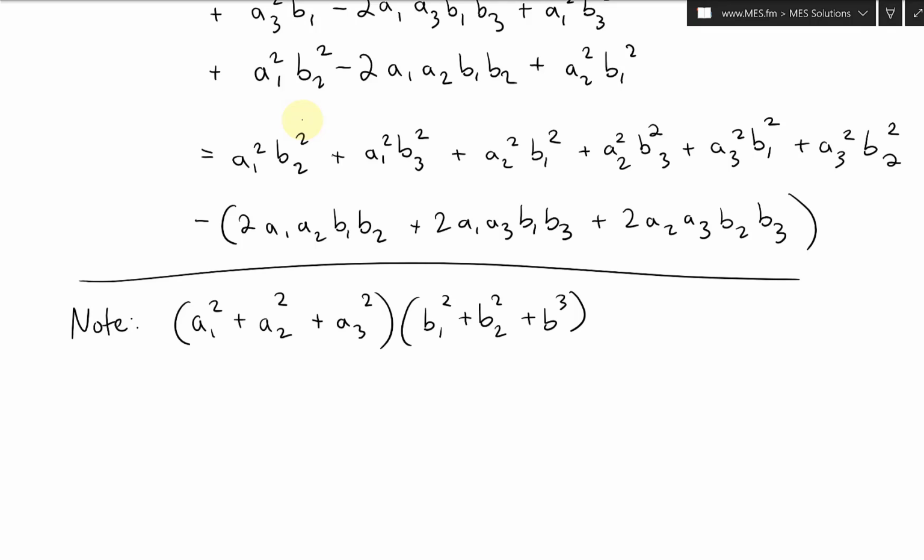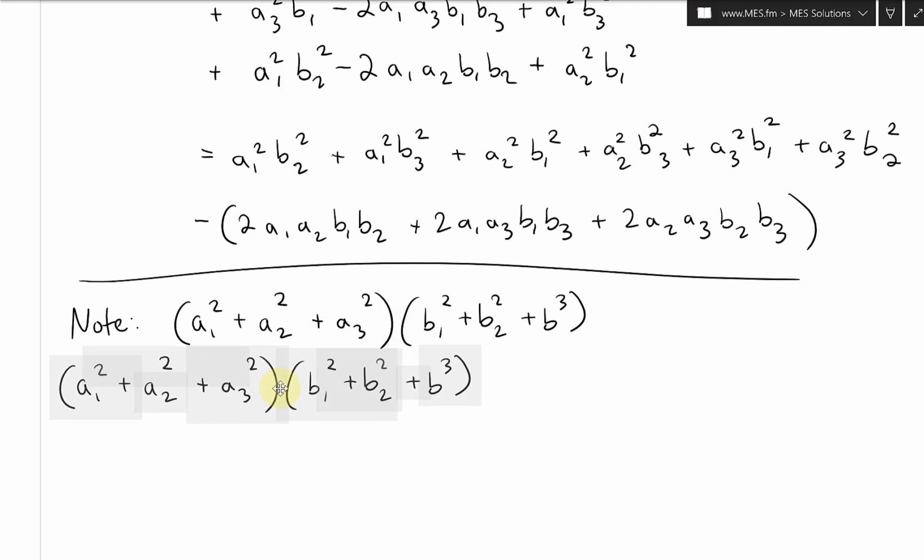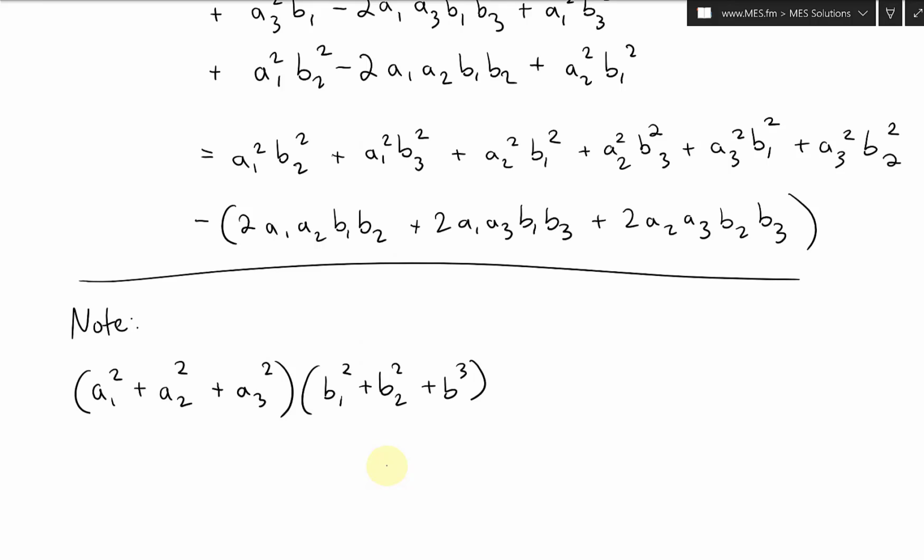This whole thing equals 2. Let's make it neater here. Move it here, and write this as this equals 2.